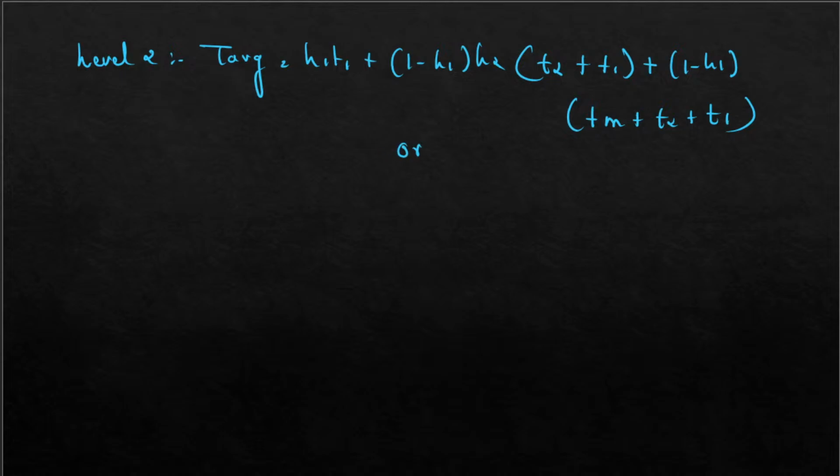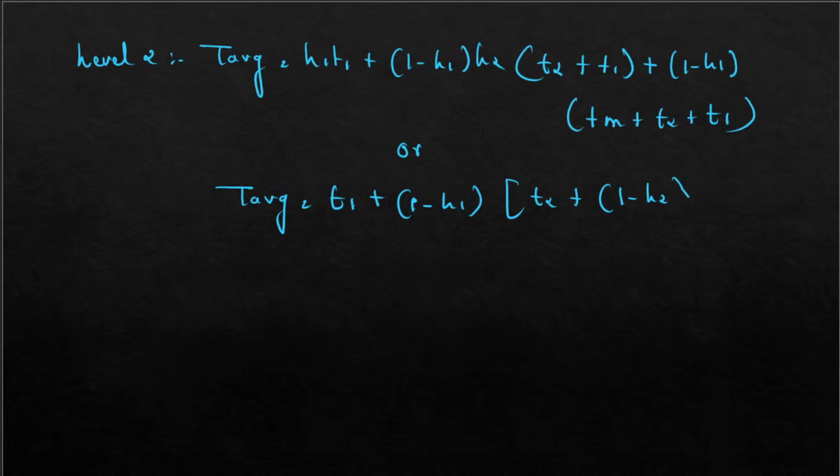Or t average is equals to t1 plus 1 minus h1 t2 plus 1 minus h2 tm.